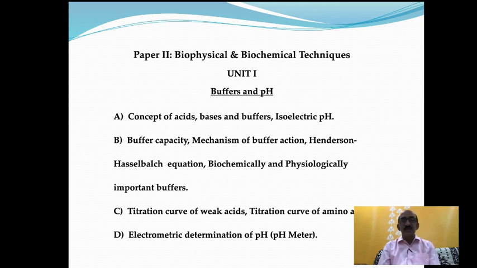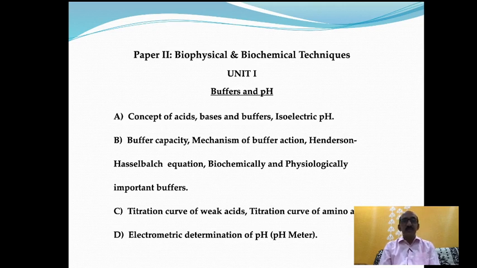Okay, we will discuss that in the next period, but before that I will discuss buffers and pH. In buffers and pH, in the first unit there are 4 topics. The first topic is the concept of acids, bases and buffers and isotonic pH.